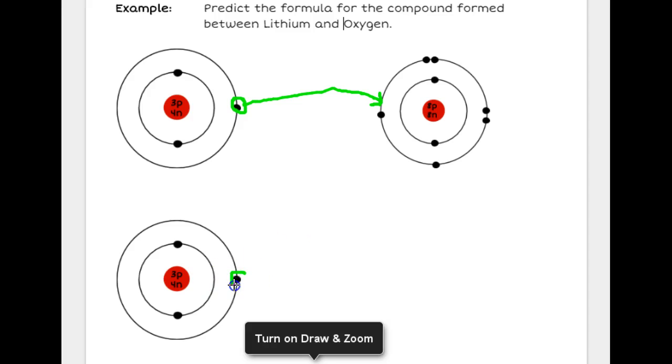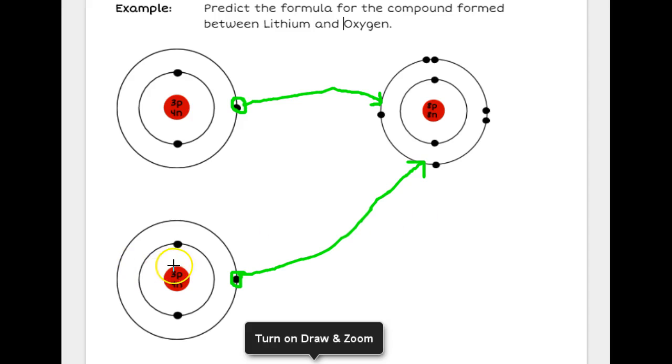A separate lithium atom is going to donate a single electron to oxygen. What this does is allow us to predict what the formula will be when lithium reacts with oxygen.